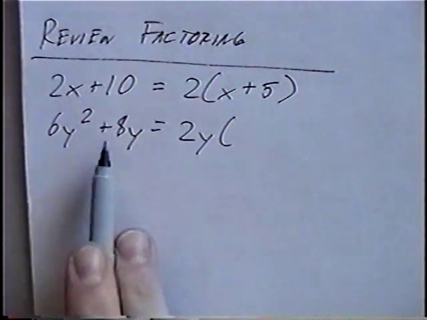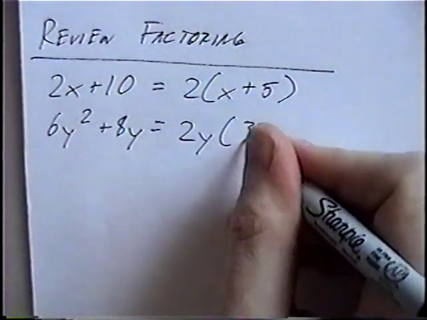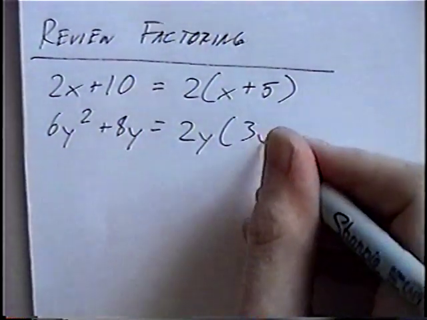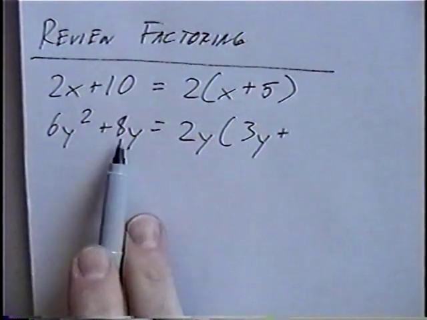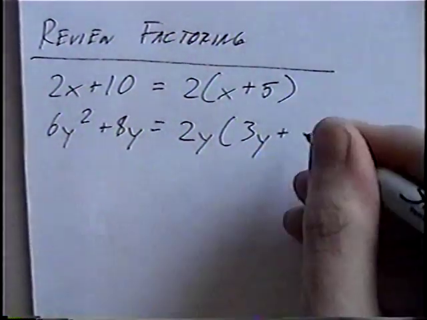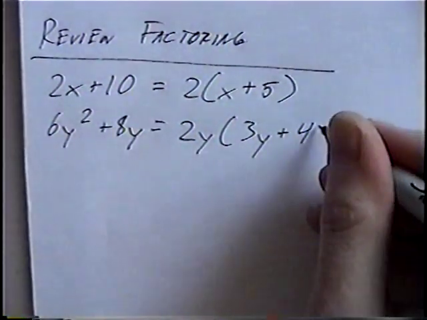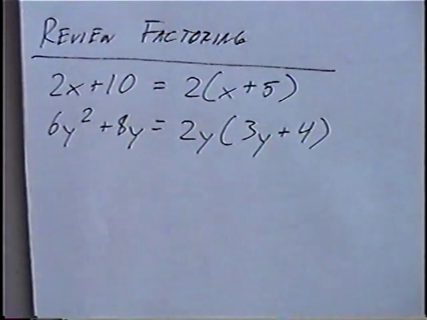And again, we'll divide each of these terms by 2y. 6 divided by 2 would be 3. Y squared, we're dividing or taking out 1y, so we'll be left with 3y. Plus sign comes over. 8 divided by 2 would be 4. And the y divides out or cancels out. So you're left with 2y times 3y plus 4.